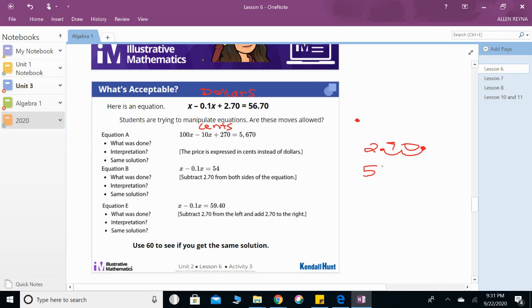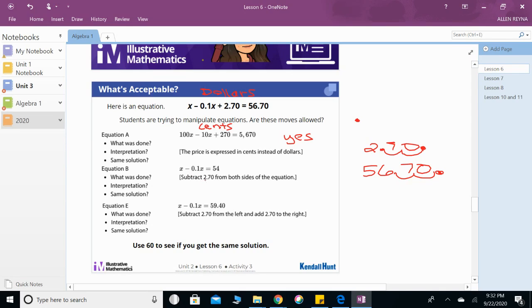And then this last one, 56.70. Again, 2 places, 5,670. So yes, this one is okay. And then it's asking, will it give you the same solution? If you're multiplying everything by the same number, of course you're going to get the same solution. Okay, let's try the next one.